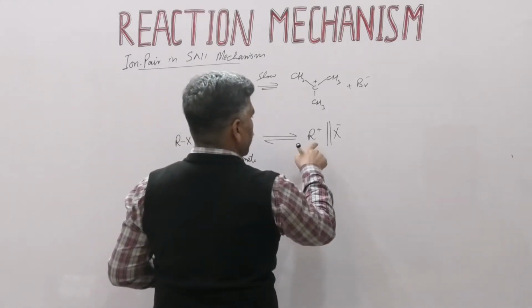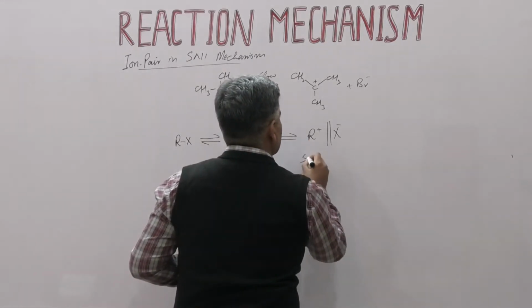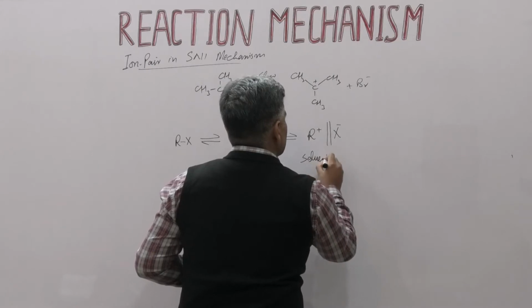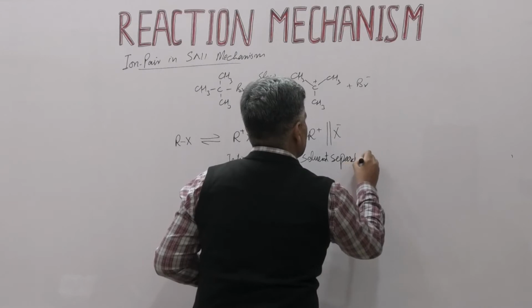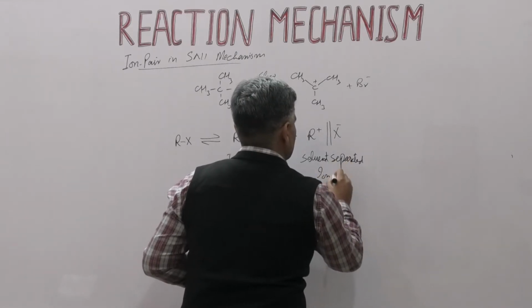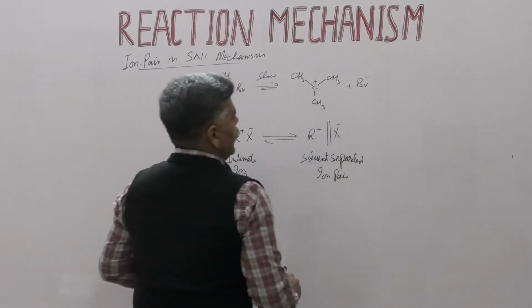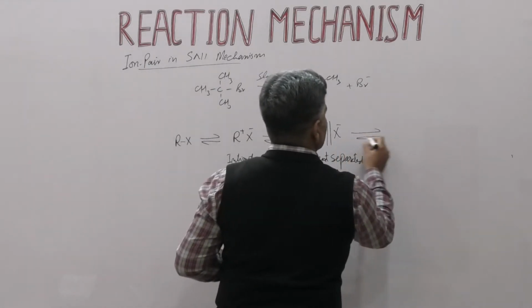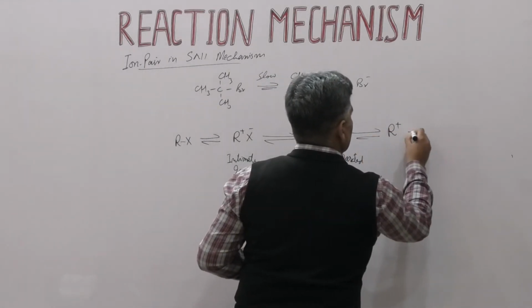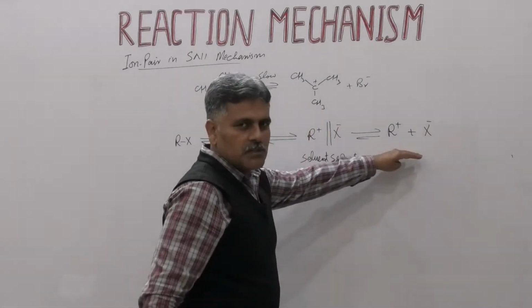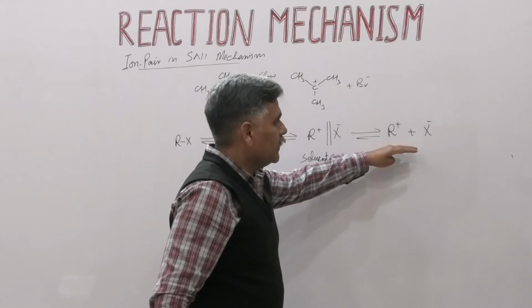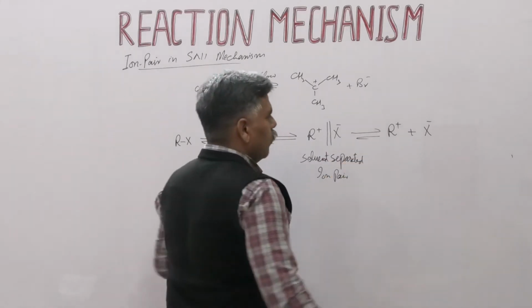So this pair right now is a solvent separated ion pair. And then the next stage is R positive plus X negative. This is actually the dissociation, where these are now the free ions.